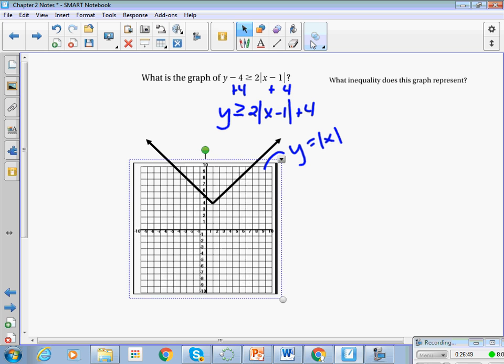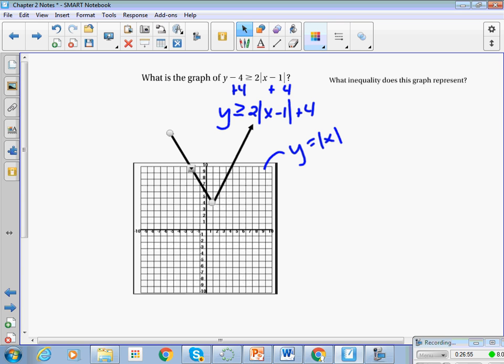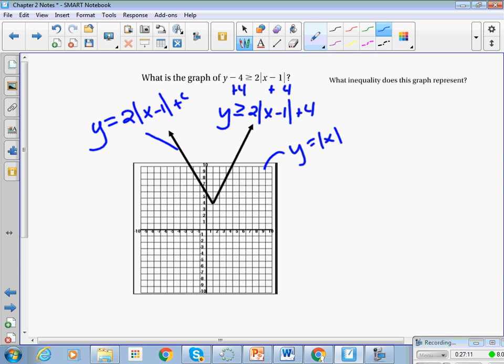Now, this is the graph of y equals 2 absolute value of x minus 1 plus 4. Go ahead and write that down. I'm sure it's on your paper.